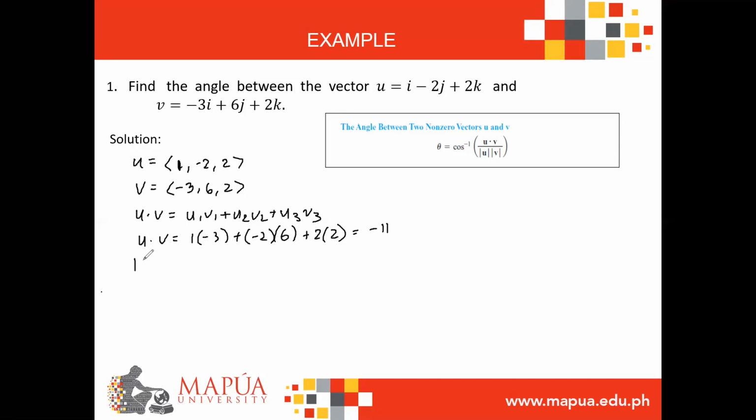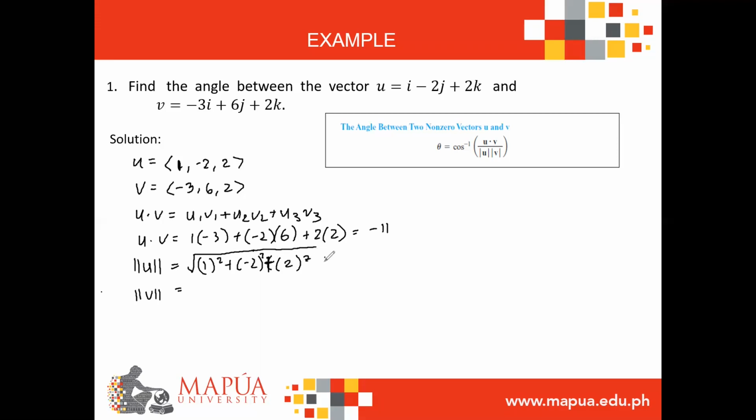Then let's find the magnitude of u and magnitude of v. For the magnitude of u, that's the square root of quantity 1 squared plus negative 2 squared plus quantity 2 squared.